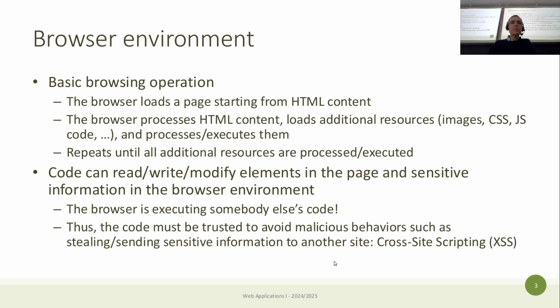What's the problem with this external content? The problem is that it can perform unwanted actions like stealing information, sending information to places where we don't want the information to be sent, and so on. This goes under the very, very general name of cross-site scripting, often abbreviated as XSS.